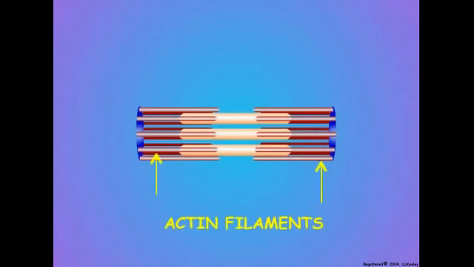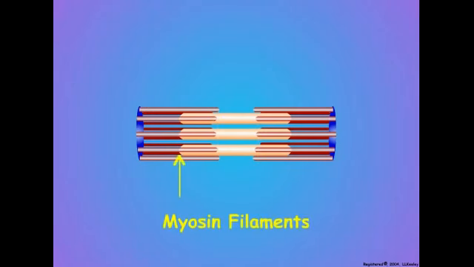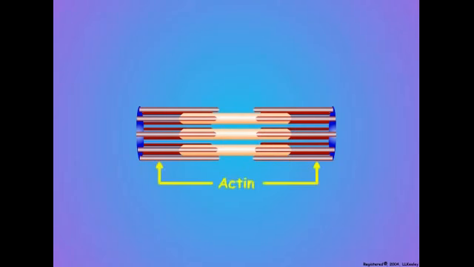The repeated pattern of the sarcomere results from the arrangement within the myofibrils of two major proteins, actin and myosin. Actin is a fibrous protein attached to the Z bands that are protein plates at each end of the sarcomere.